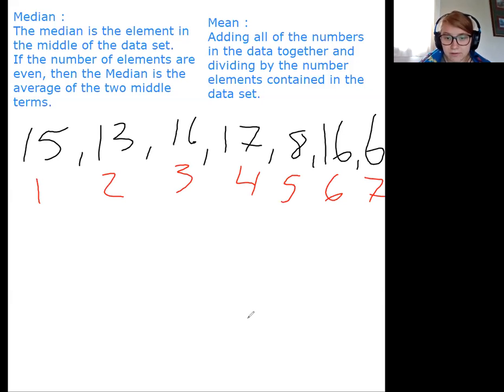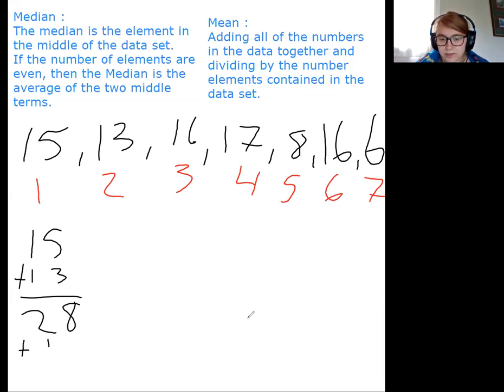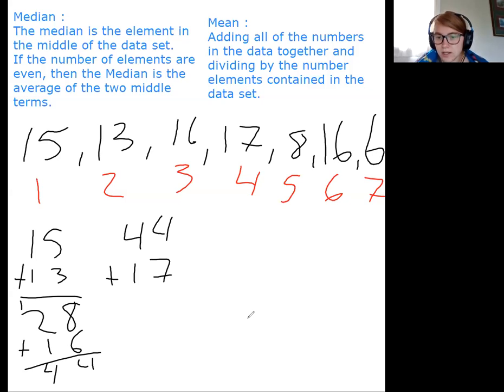So we have 15 plus 13, that gives us 28. 28 plus 16 is 44. 44 plus 17 is 61.